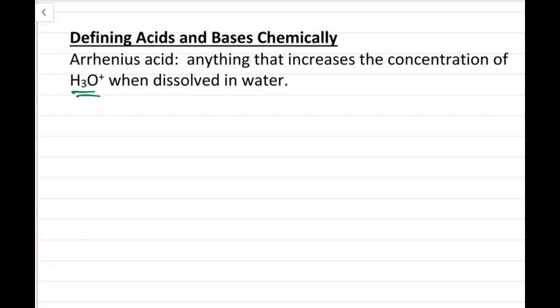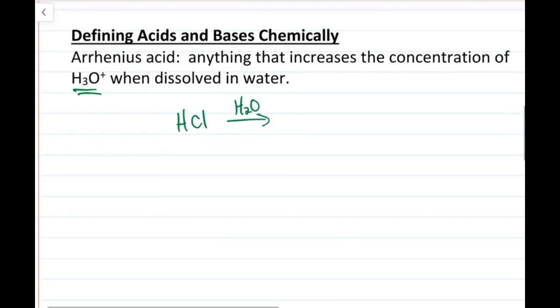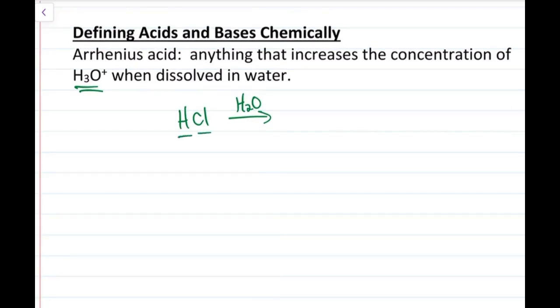So you can kind of look at this as two steps. If you have an acid, and I used HCl earlier, and you dissolve it in water, so we always put the water over the arrow when we dissolve something, it's just going to break it up into its two ions, H+, or you could just call it a hydrogen ion, and a chloride ion. Okay?